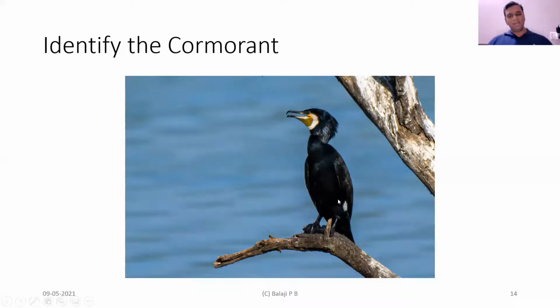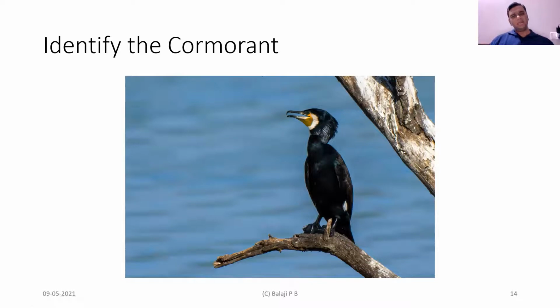It has the white patch on its thigh. It is a great cormorant in breeding plumage. You can see the white cheek and throat patches. The gular pouch is also very pronounced. It has a thick and long beak. The eyes have a greenish tinge, but they are largely dark.